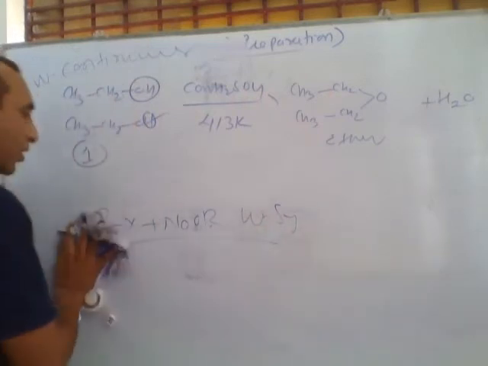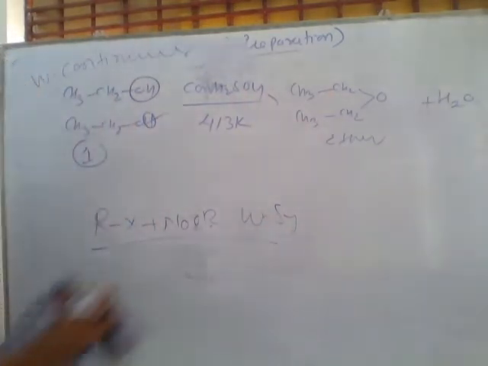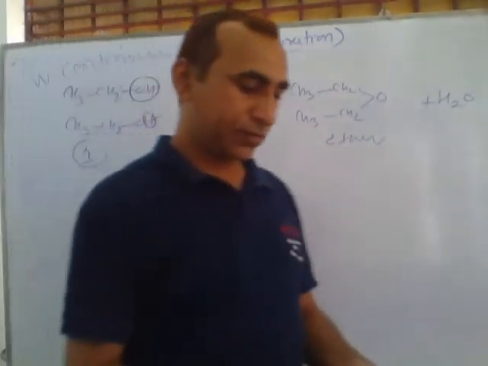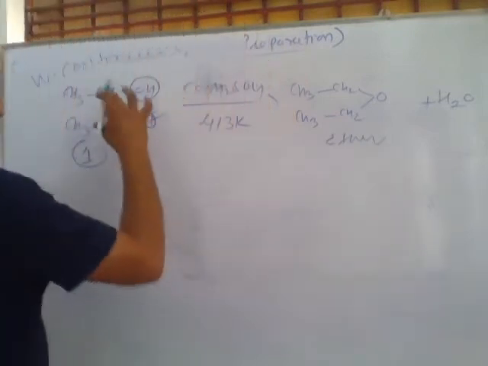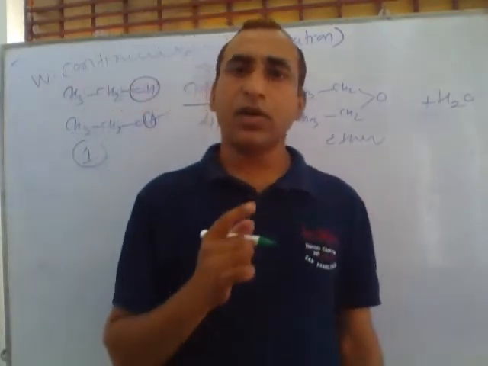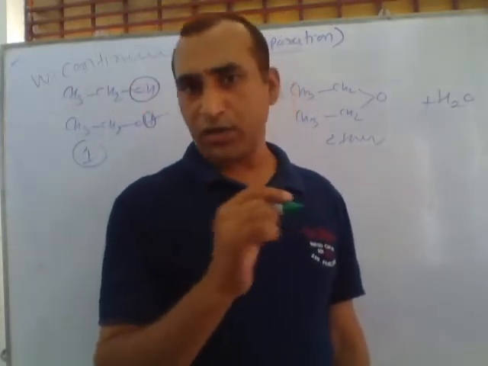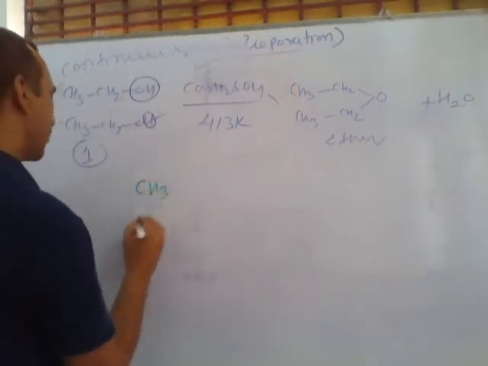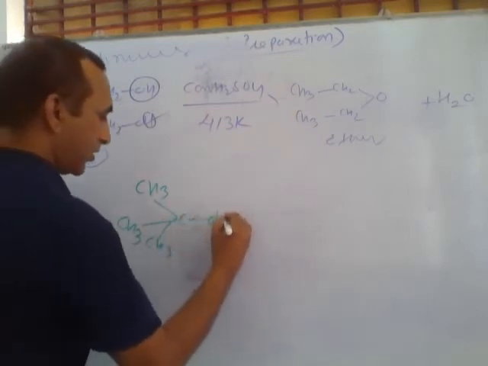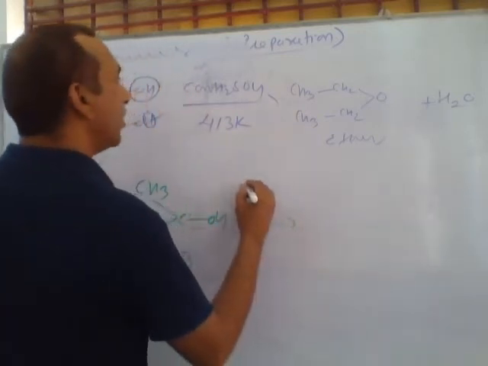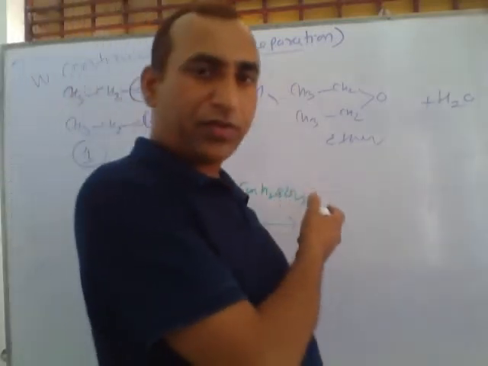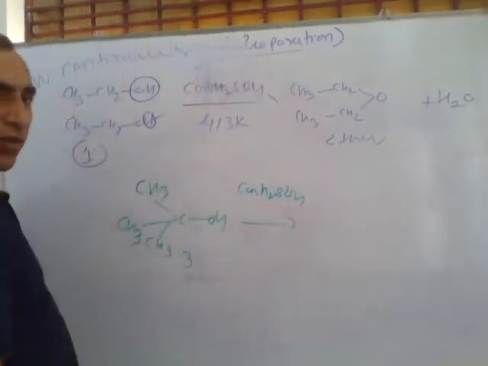But there are 1, 2, 3 important points we want to discuss here. Number 1, the alkyl group should be primary. In this reaction you can't use secondary or tertiary alcohol. Listen, if you are using this type, this is tertiary alcohol. If you are heating tertiary alcohol in the presence of concentrated sulfuric acid, then no ether will form.